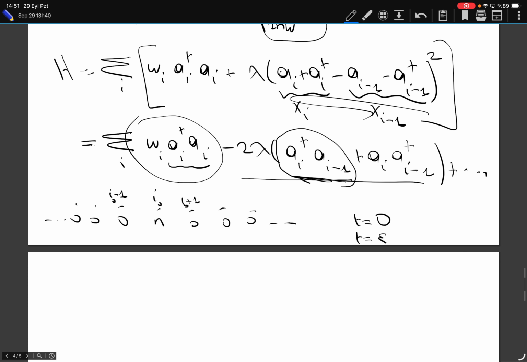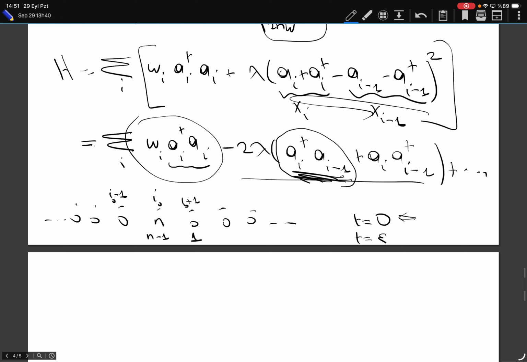So when I act it on my state at t equal to 0, it won't do much except when i is equal to i0 plus 1. At that term, it will destroy one of those packages. So I will have n minus 1 packages over here. I will have one more package at the next site. I will have one over here. So this is due to this term.